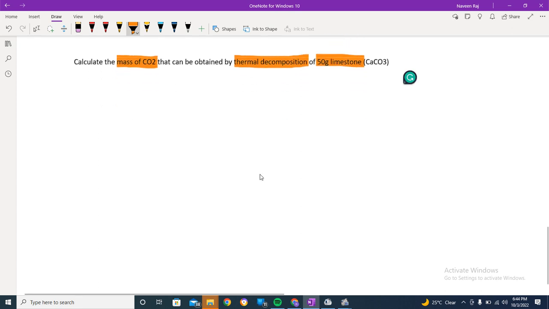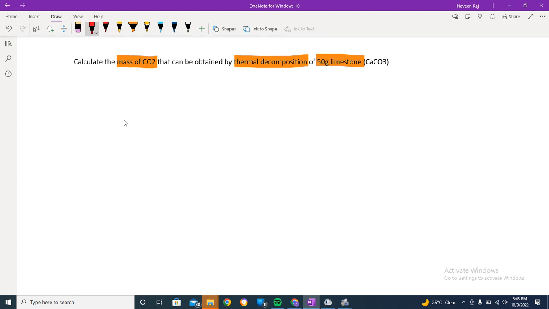The methods of solving this problem can differ from book to book. I'm not using a book's method; this is a shortcut and a good method, so you can use it to understand the whole mass relationship. You need to write the equation for the mass of CO2 obtained by thermal decomposition, which means decomposition of limestone.